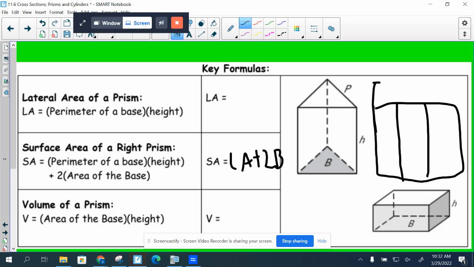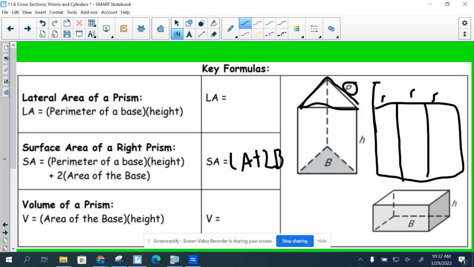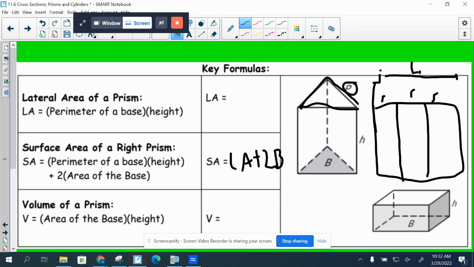Each of these represents a side length. So side, side, side, and if I were to add all those up, that would be the perimeter of the base. So to find the entire length of the lateral edges, I just find the perimeter of the base. So lateral area is perimeter of the base times the height.